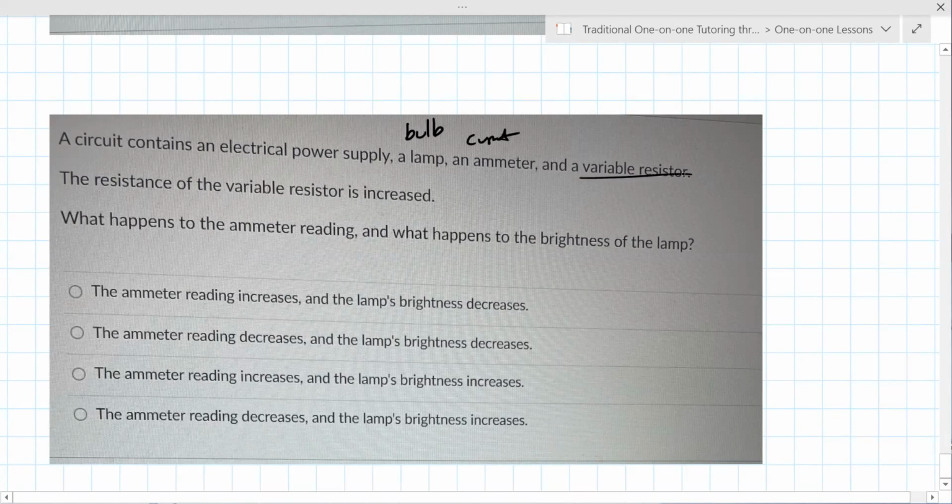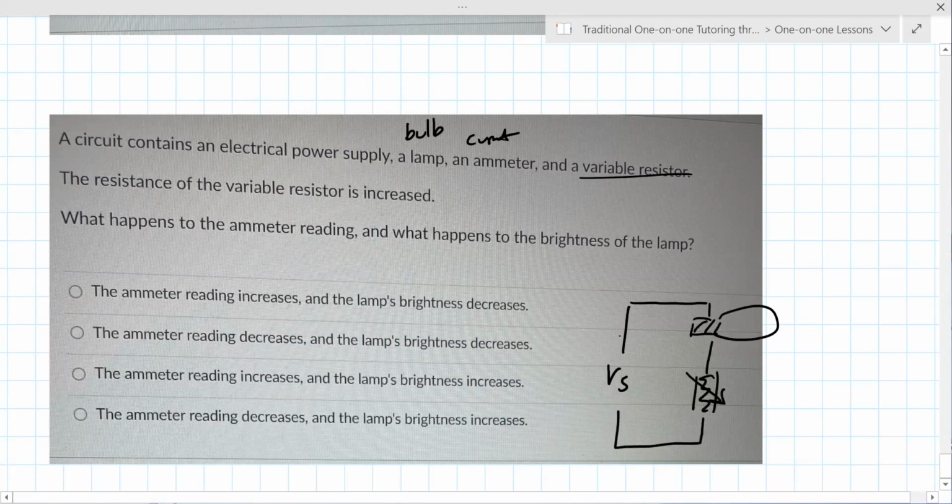The resistance of the variable resistor is increased. What happens to the brightness of the lamp? Okay, so let me try to show this. So we have a voltage source, and then we have a bulb. And then we have this variable resistor.